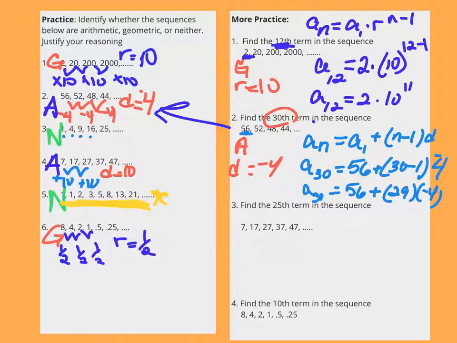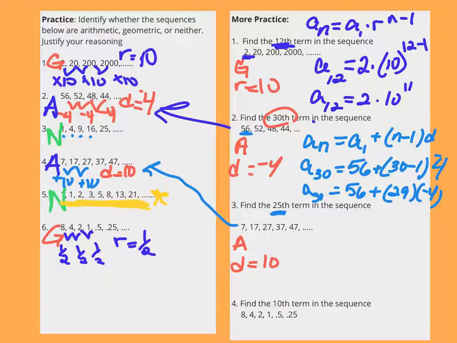If we look at number 33, we want to find the 25th term in the sequence. When I look at this sequence here, we had determined that this one here was also arithmetic. We were adding 10 each time. So here I know that I have an arithmetic sequence. The constant difference was 10.